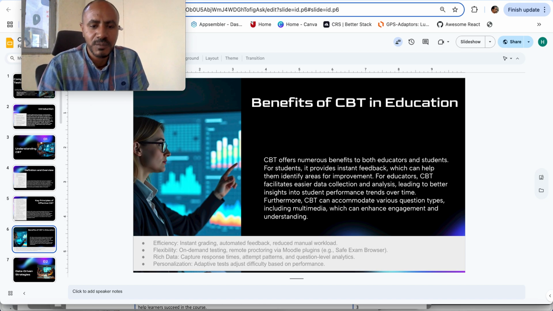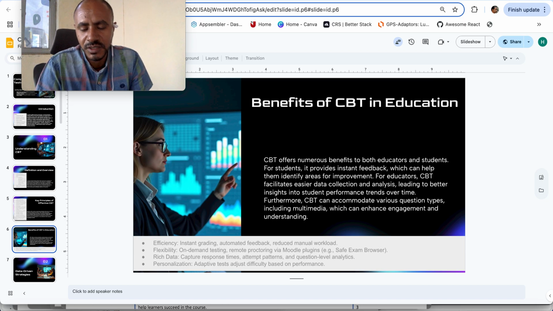So there are mechanisms we can control easily. Controlling the security of exams is easier in CBT than paper-based, because in paper-based exams we see a lot of problems during exam sessions, but in proctored exams we can easily secure our sessions utilizing various security technologies.